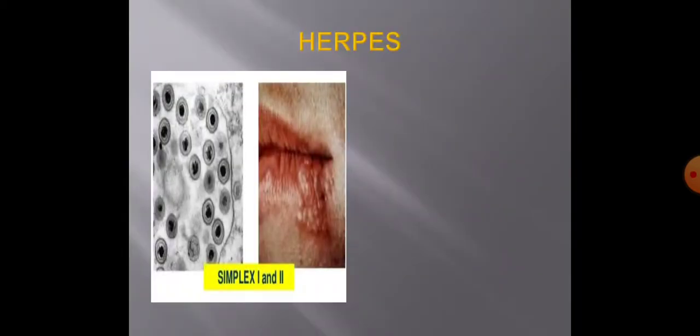Next is herpes. Herpes simplex is a superficial viral infection, and it is characterized by one or more painful fluid-filled sores or blisters. What is a blister? It is an elevation of skin, and it appears on the skin or epithelium of outer openings of the body.